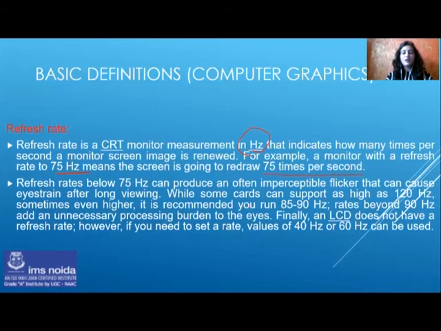That is called the refresh rate, right? If we talk about older televisions, it took a very large time to refresh. But if we talk about LCDs, LEDs, modern television, the refresh time is very nominal, very less, right?